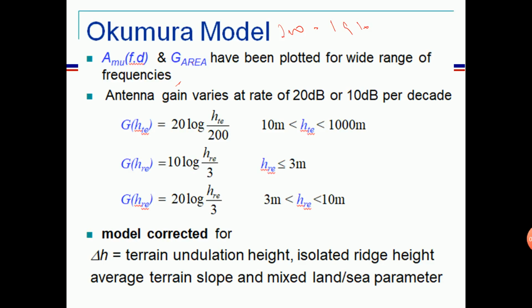The gain of the transmitting antenna height is given as 20 log(hte/200), for hte ranging from 10 meter to 1000 meter, and the receiving antenna gain is given as 10 log(hre/3) for a receiving antenna height less than 3 meter. And if your receiving antenna height is between 3 meter and 10 meter, then the gain is 20 log(hre/3).